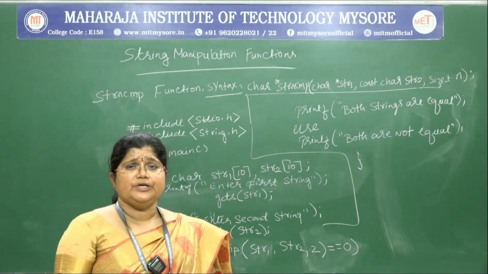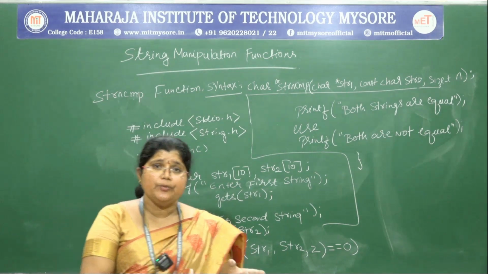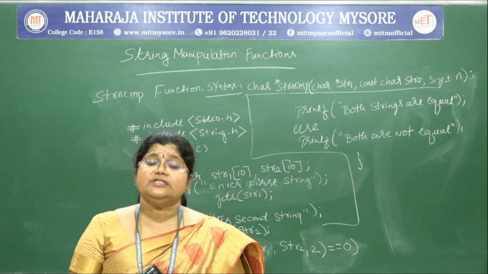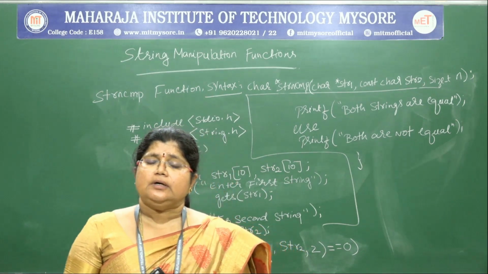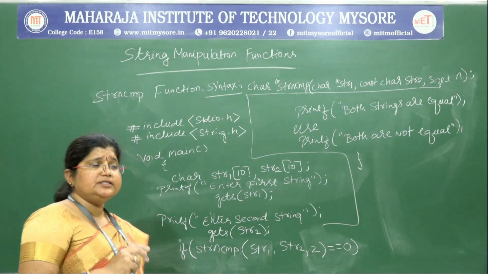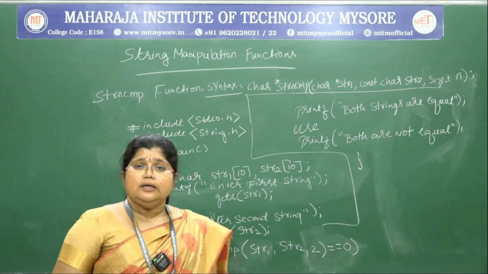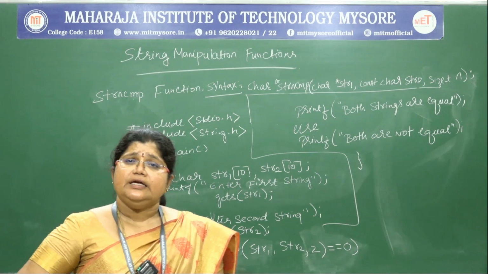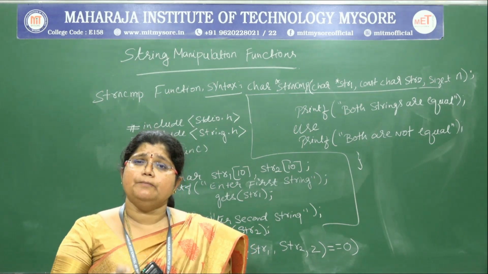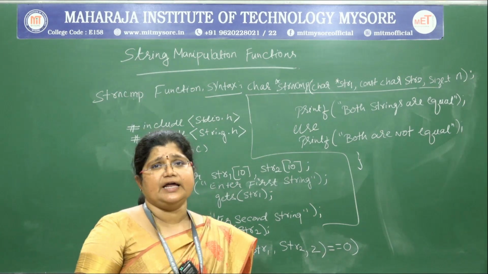Continuing the compare operation, here the first n bytes of string 1 will be compared with the first n bytes of string 2. That is how the strncmp function works. Here we have to define n, the number of characters to be compared between the two strings, for example the first 10 characters.